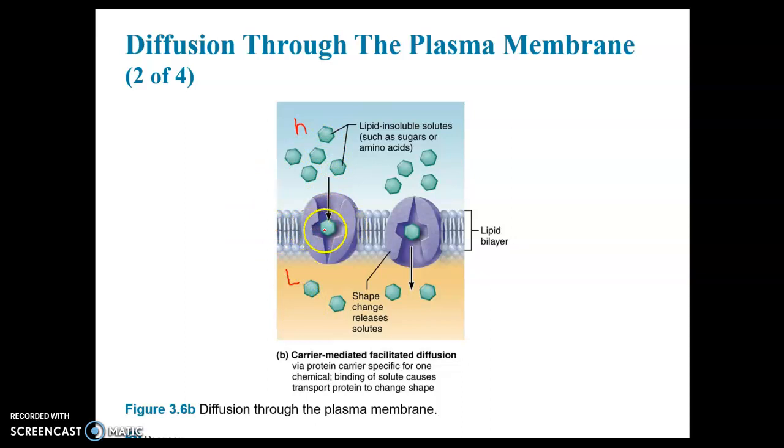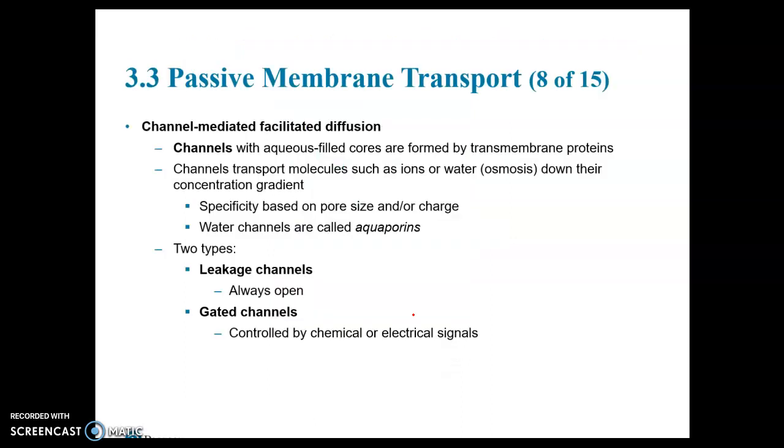See how the shape of the glucose fits the binding sites on the carrier protein. Binding chemically with the carrier protein causes the carrier protein to change shape, releasing the glucose into the area of its low concentration. That's an example of carrier-mediated.